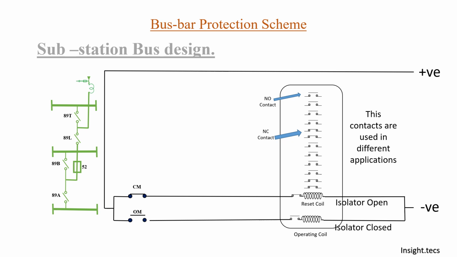It can be used for protection purposes as well. So these contacts will have multiple applications. Using a single CM contact and a 29A contact multiplier relay, we can use these extended contacts for different applications.